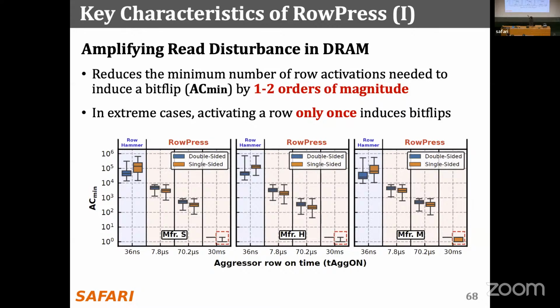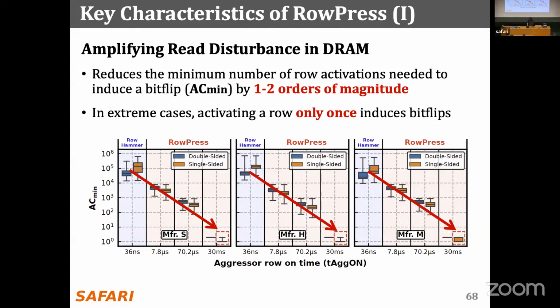The blue boxes represent the double-sided access pattern, where we sandwich a victim row in between two aggressor rows. And the orange boxes are the single-sided pattern. As we go from left to right, we keep increasing the time that a DRAM row is open, and we have orders of magnitude reduction in the minimum activation count you need to induce a bitflip.